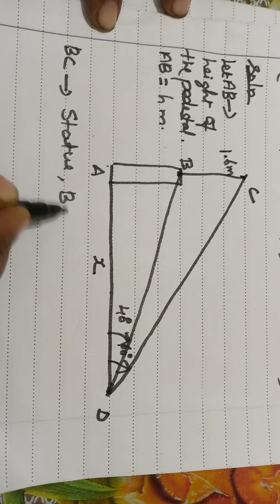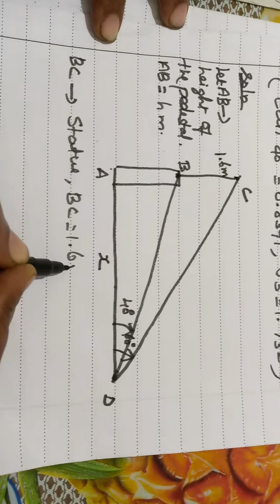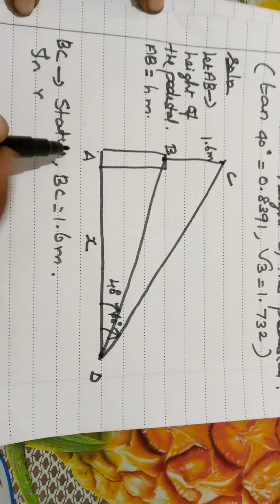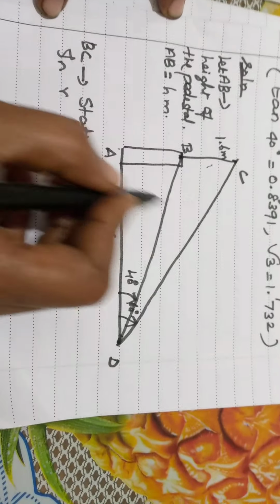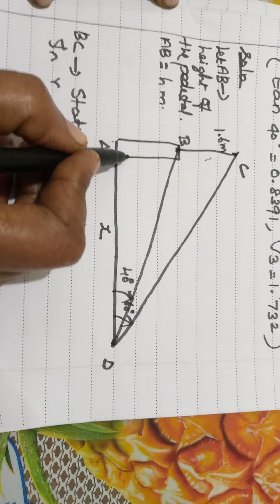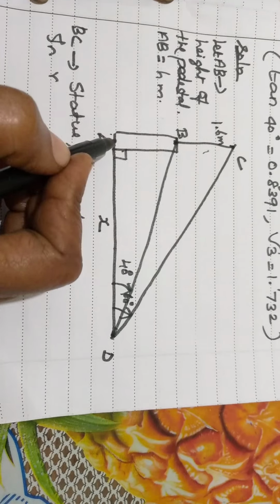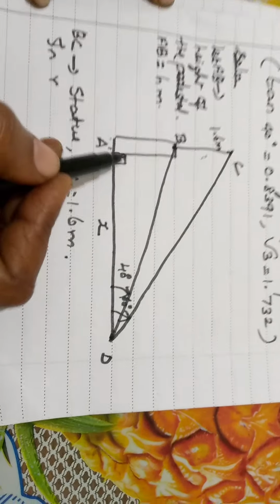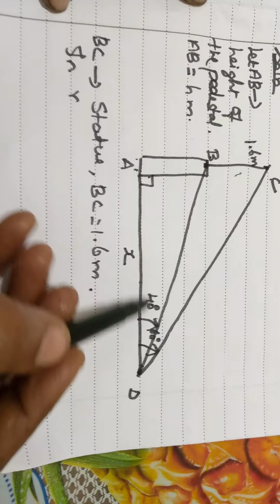BC is given 1.6 meter. Then in right triangle, so here we have two right triangle, that is BAD and CAD. First of all, we are going to use this BAD.